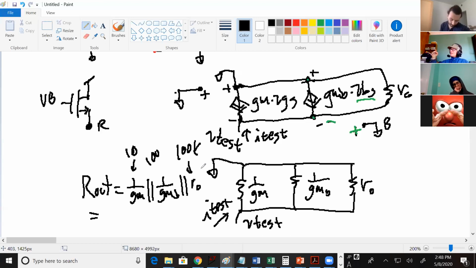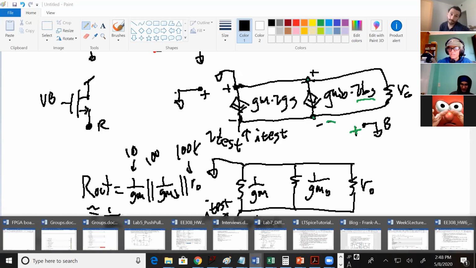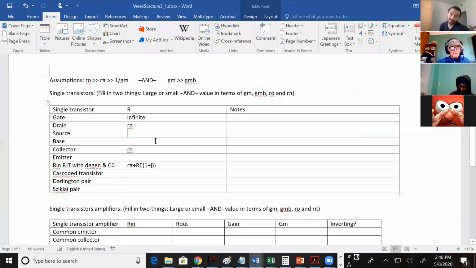So you have to change your mindset to be an electron. If you have 3 roads and one's really hard, you're not going to want to go that way. So yeah, this approximates to 1 over GM. So that helps us fill in 1 over GM.